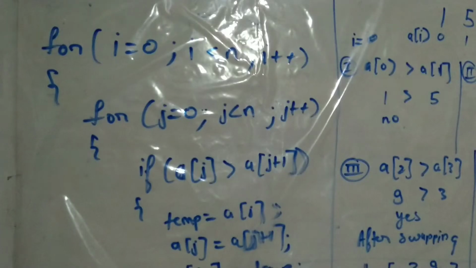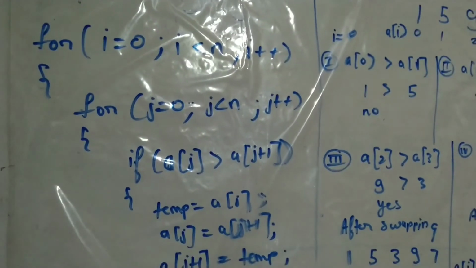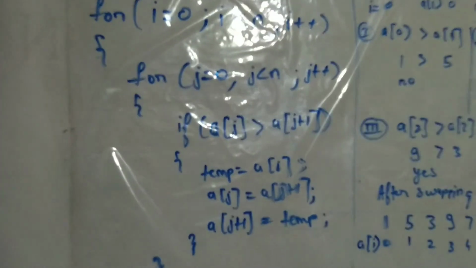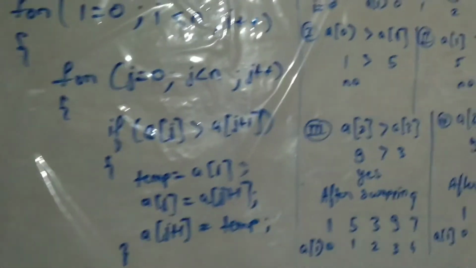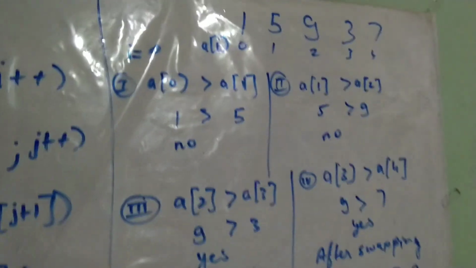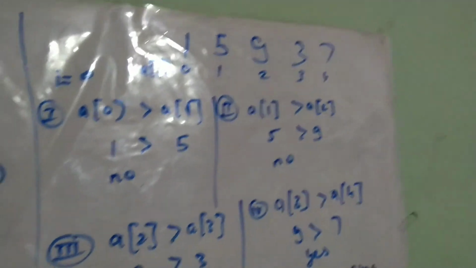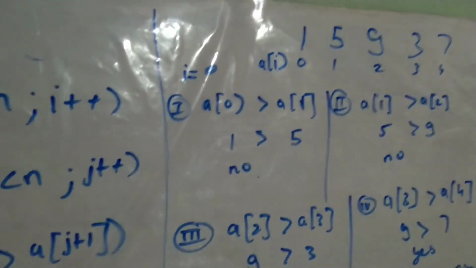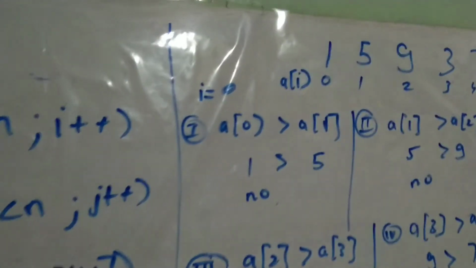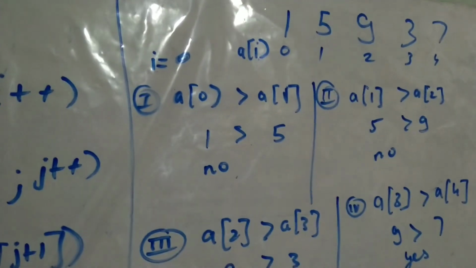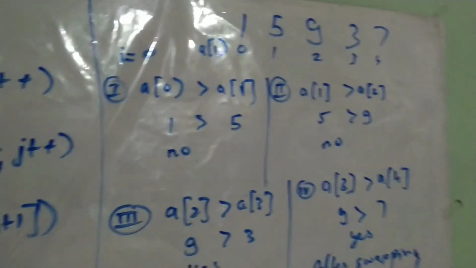Now let's, so you can see the algorithm I wrote over here. So this is the bubble sort algorithm, and here are the cases that I wrote. So our input is 1 5 9 3 7, and now we are going to compare it with the bubble sort algorithm. So now here i is equal to 0 and j is 0 and j plus 1 is 1.